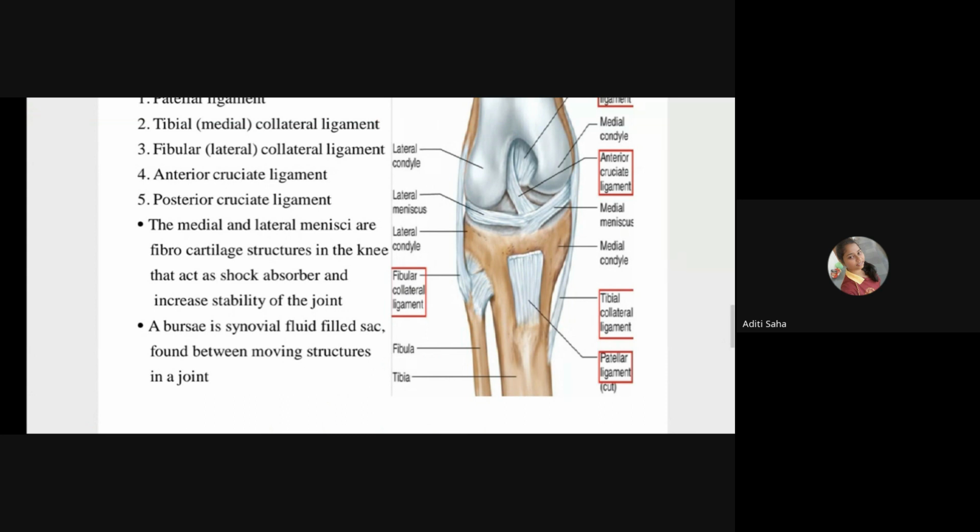And next is a bursa, a synovial fluid filled sac found between moving structures in a joint. A bursa is a type of cushion-like structure. These are small fluid filled sacs just around our joints, around our synovial joints.